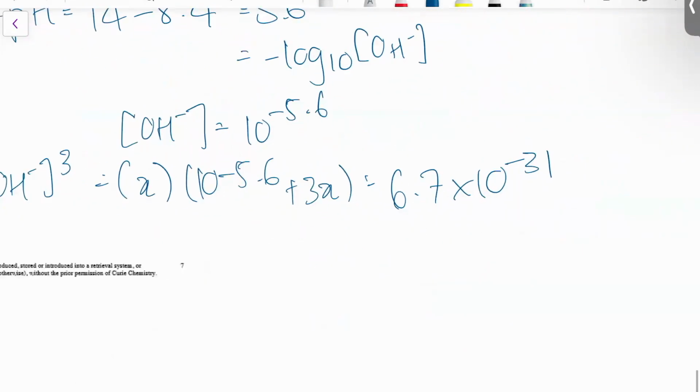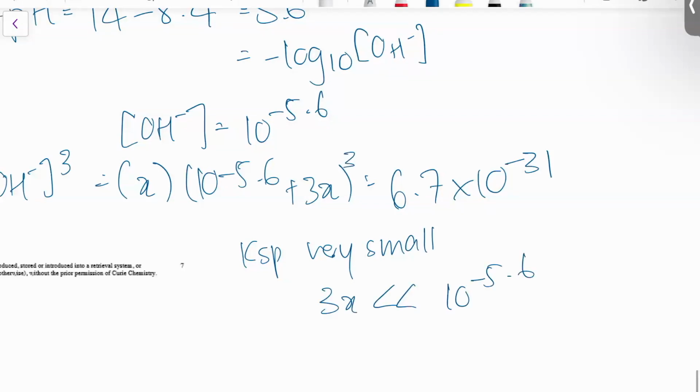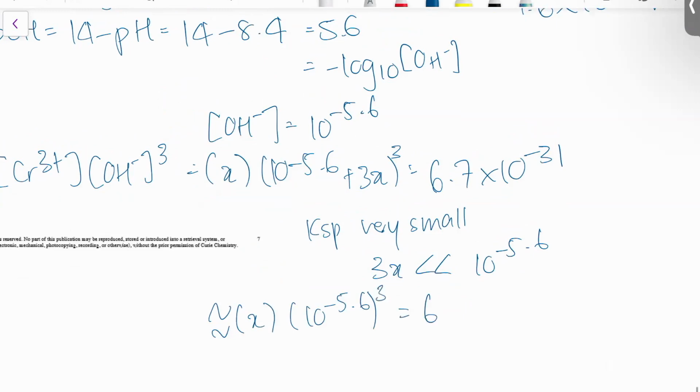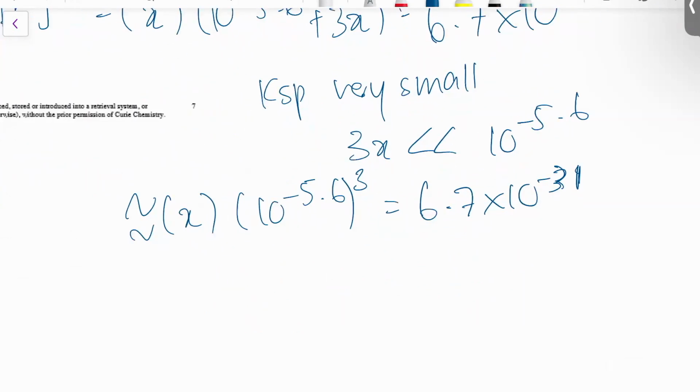And you're going to go, Ksp very small. So I can assume 3x is way smaller than 10 to the minus 5.6. So then this is just approximately x, 10 to the minus 5.6 without the 3x now, and that's to the power of 3, is 6.7 times 10 to the minus 31.